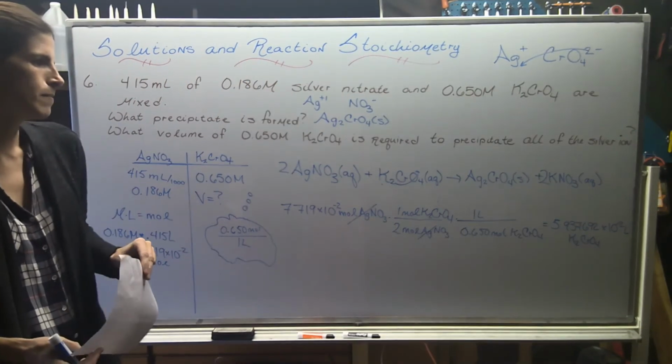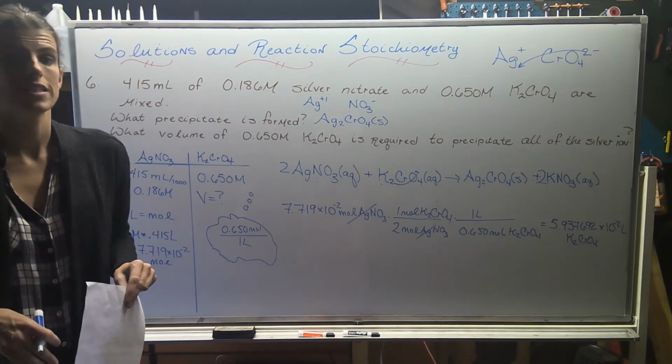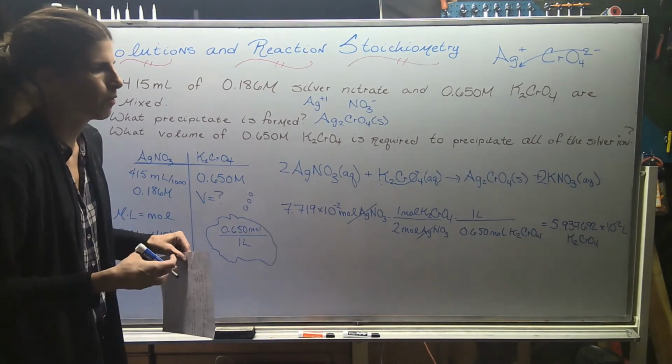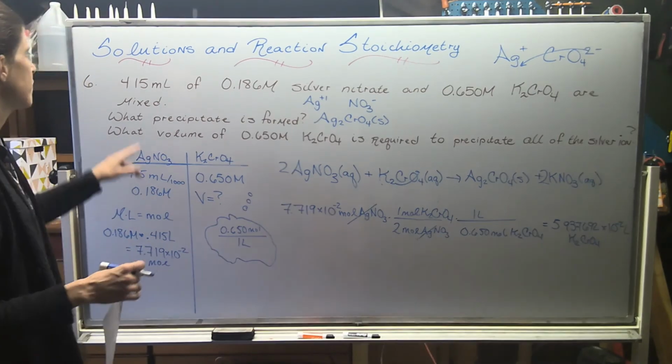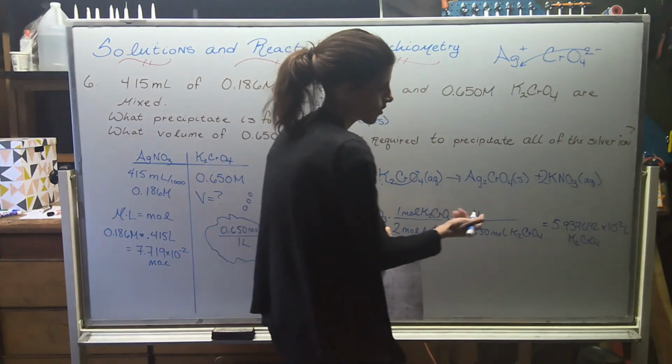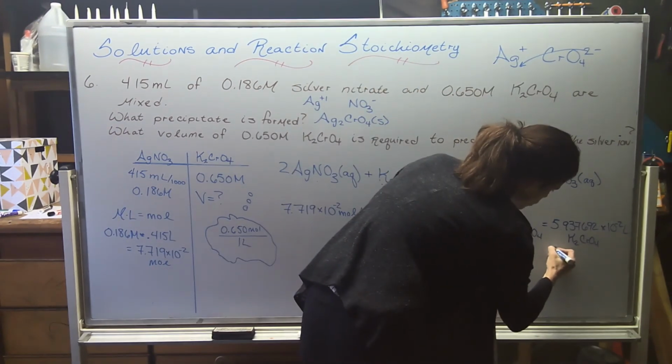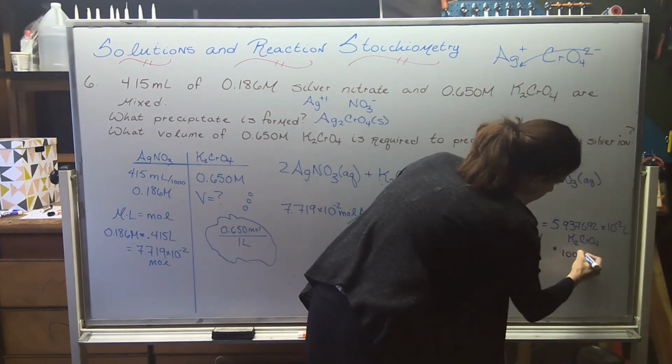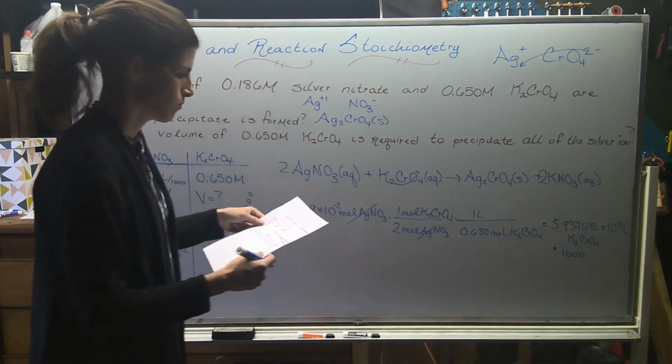It doesn't seem very realistic to me to think about it that way, because I know if I'm in the lab, I'll probably be dealing with milliliters. So tack on another conversion factor, or just multiply this by 1,000 in your calculator.